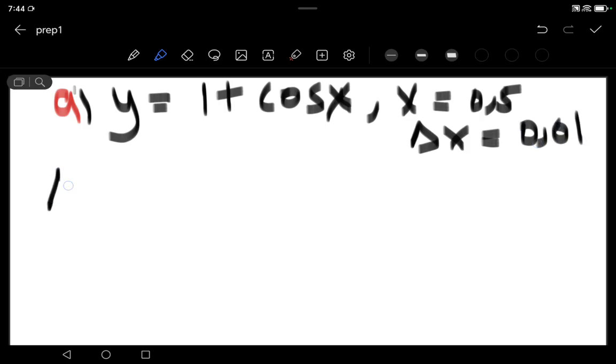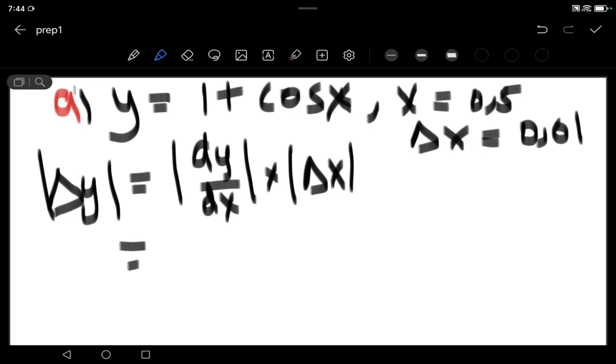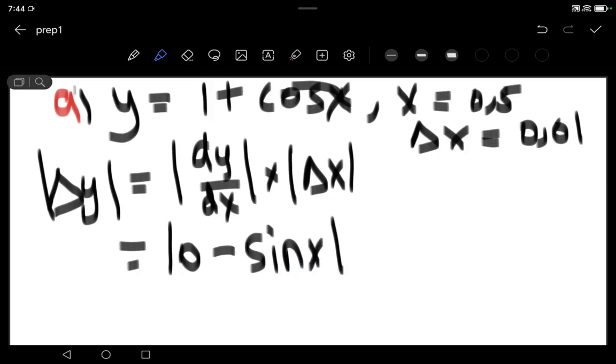Okay, and then we have our formula. This is what we're going to do. The derivative of 1 plus cos x: the derivative of 1 is 0, and the derivative of cos x is minus sine x. Multiply by changing x, and then we substitute.